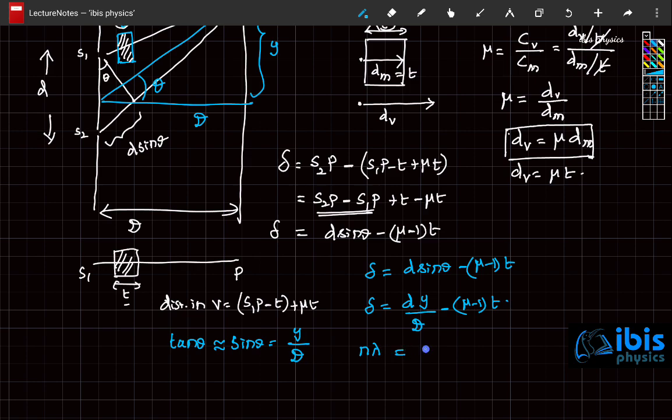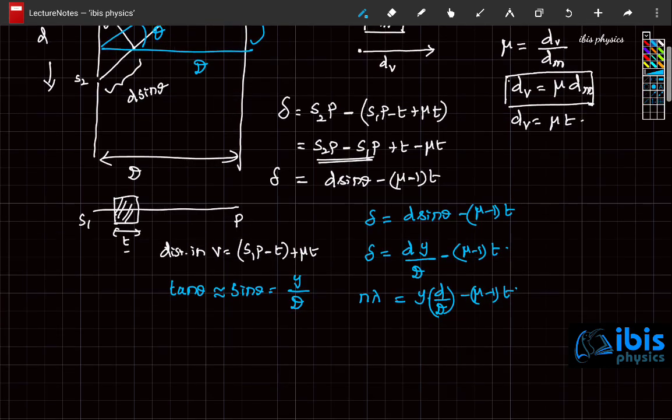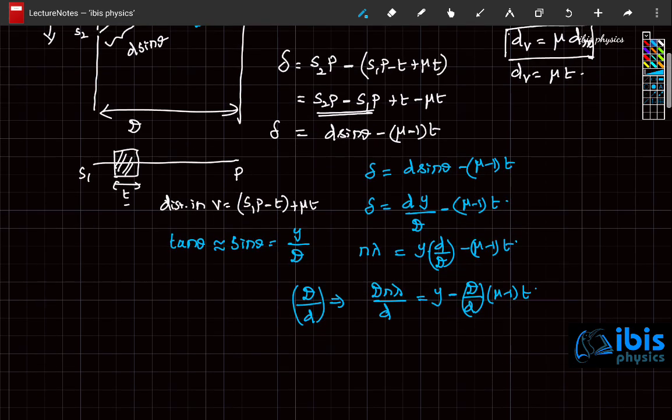n lambda equal to y into d by D minus mu minus 1 into t. Just multiply by D by d up here. When you multiply this, d n lambda by d equal to y minus D by d into mu minus 1 into t.